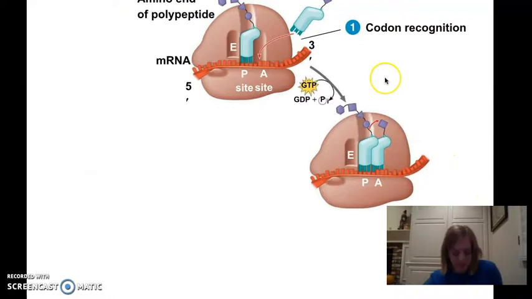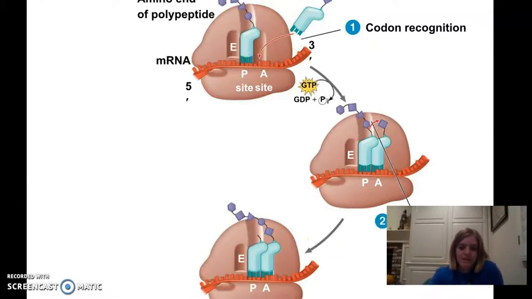So the first step is known as codon recognition, and this is when the tRNA that has the complementary anticodon to the codon of mRNA comes into the A site, so that this tRNA arrives and is available to take the place in the open A site.